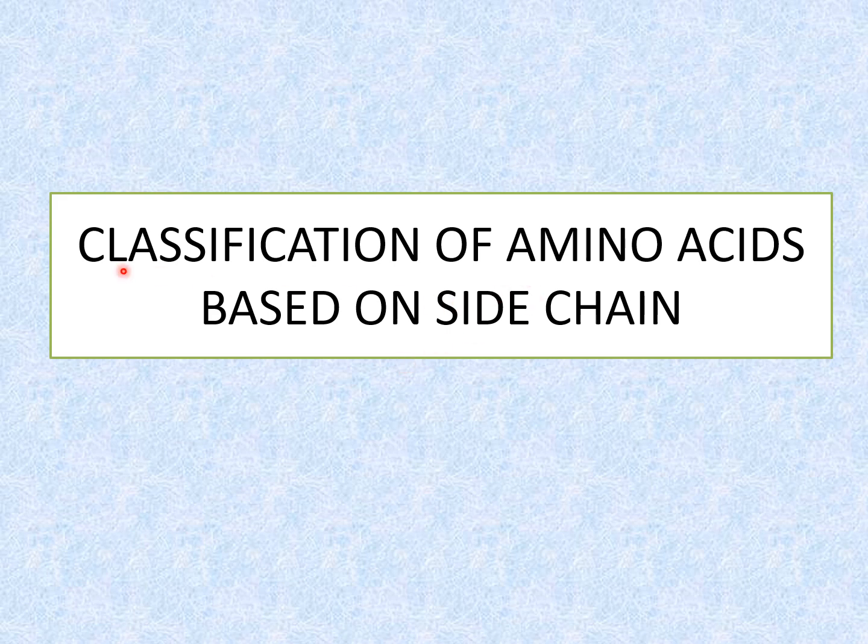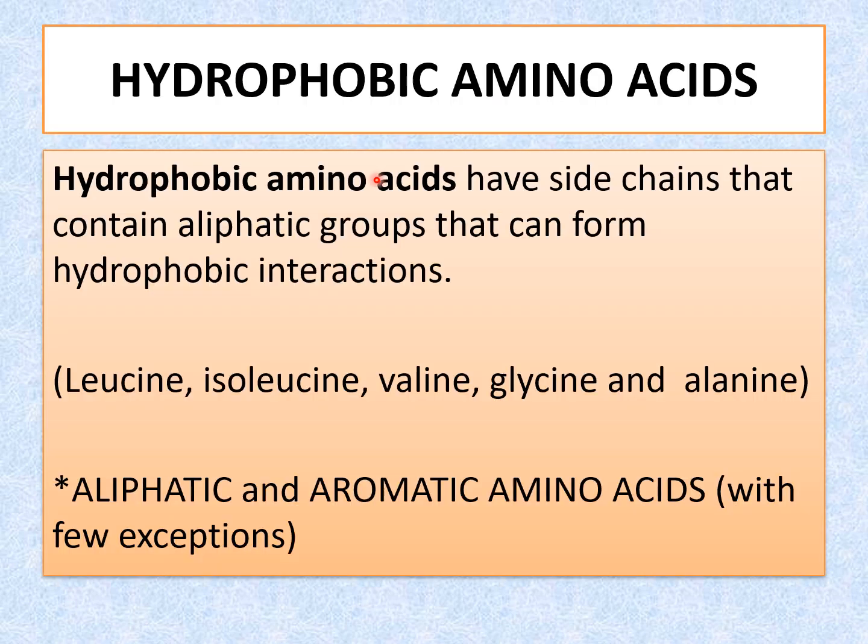So let's have the classification of amino acids based on side chain. First on the list would be hydrophobic amino acids. When you say hydrophobic, that means they are, again, water hating. They do not interact or react with water.